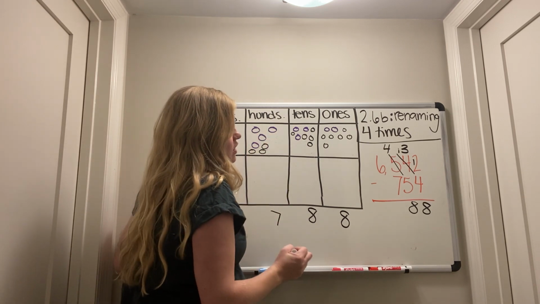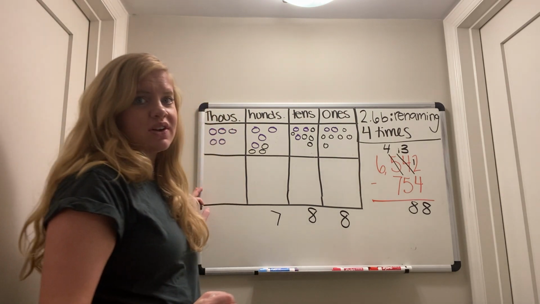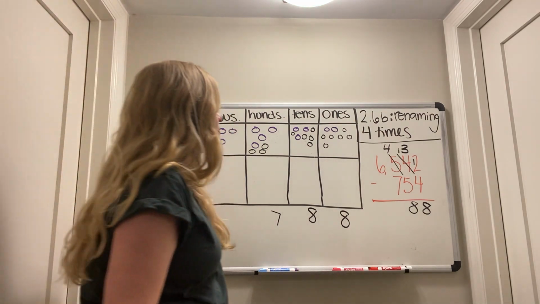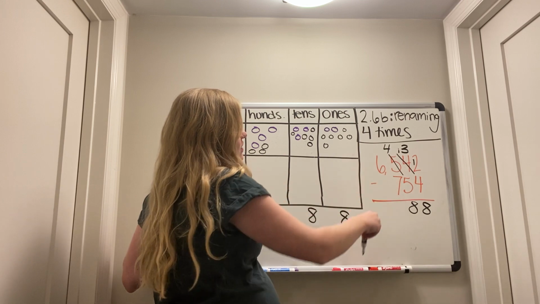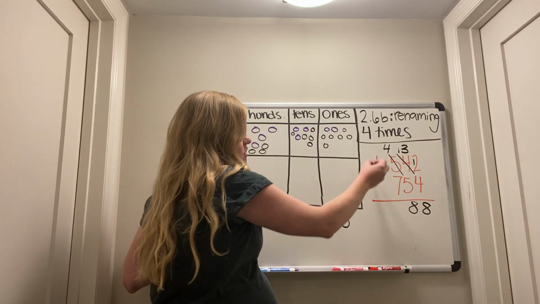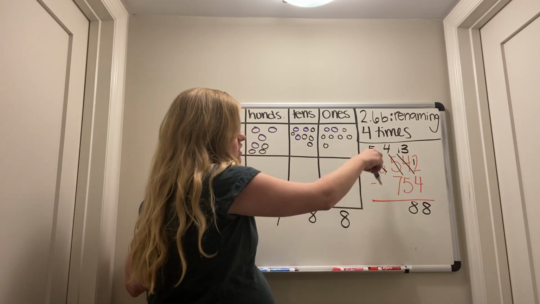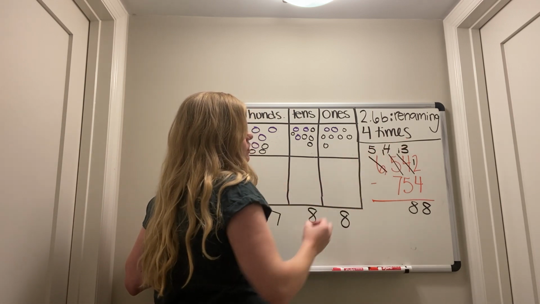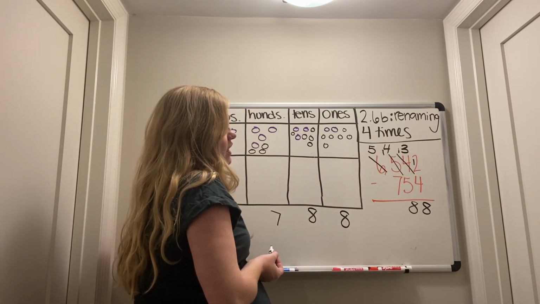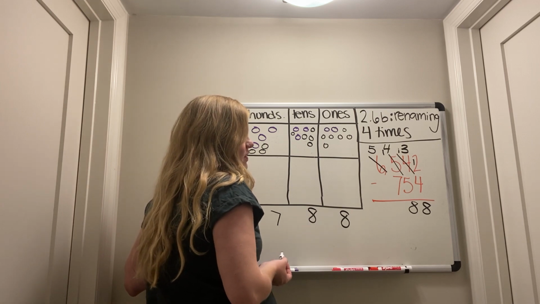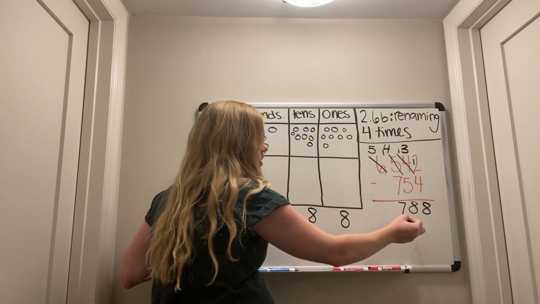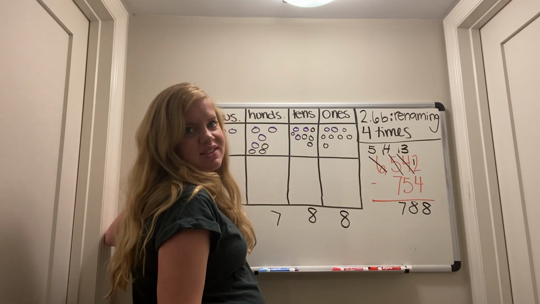Okay, so what does that look like in the standard algorithm? Let's go over here. 400 minus 700, we can't do it. So the 6,000 becomes a 5,000. This 400 becomes a 1,400. 1,400 minus 700 is 700, or 14 minus 7 is 7.